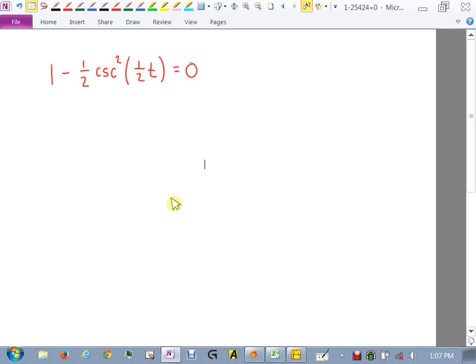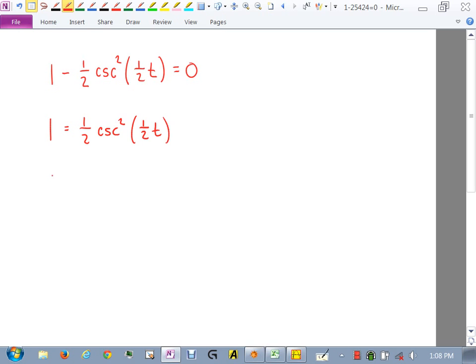All right, let's solve this. This is a trig equation from pre-cal. I'm trying to figure out what t is, which makes this true, right? So let's just move this whole negative thing to the other side to make it a positive. Let's also now multiply both sides by 2.